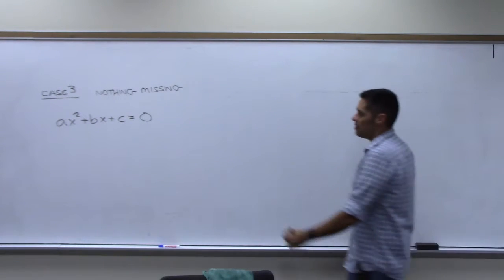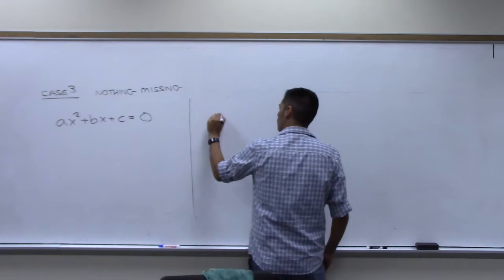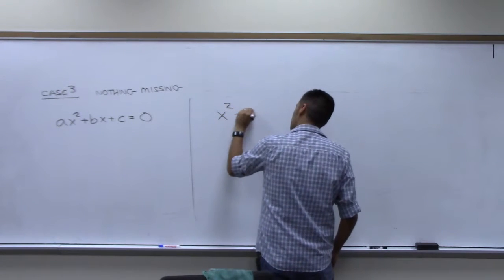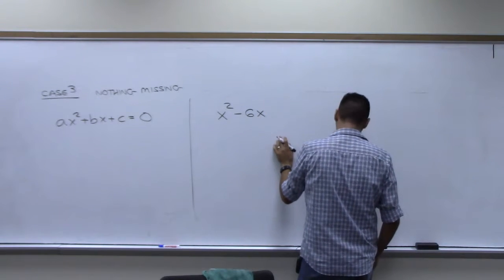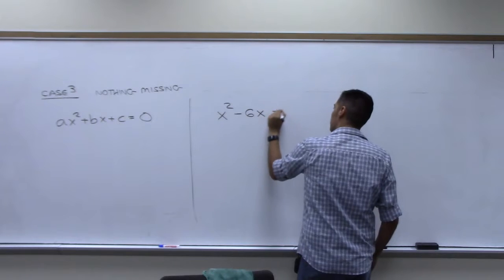So an example of this would be x squared minus 6x equals 7.